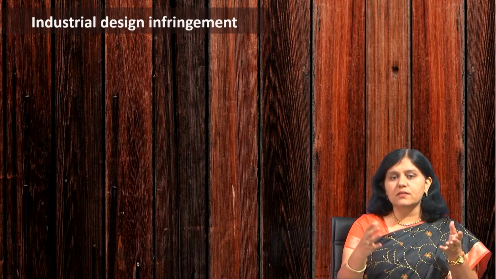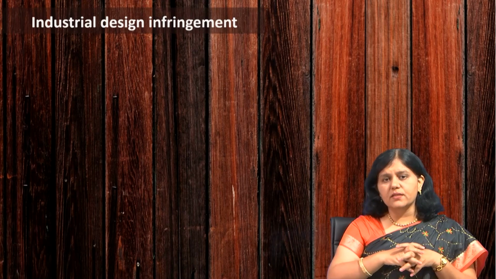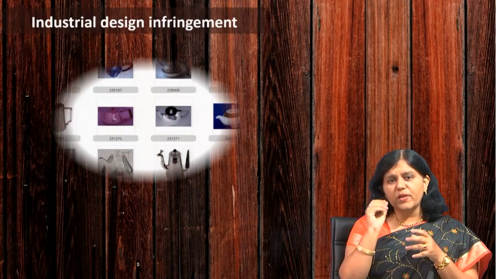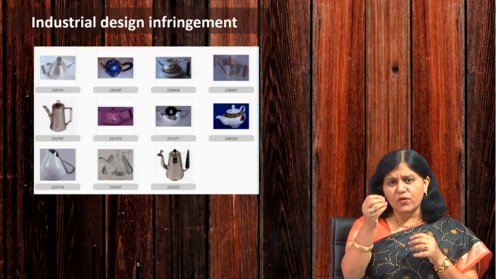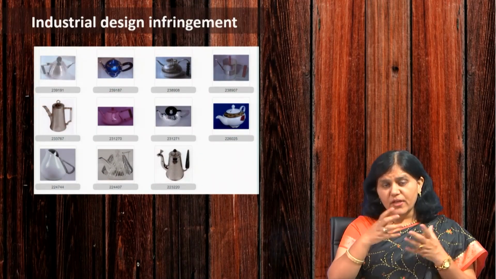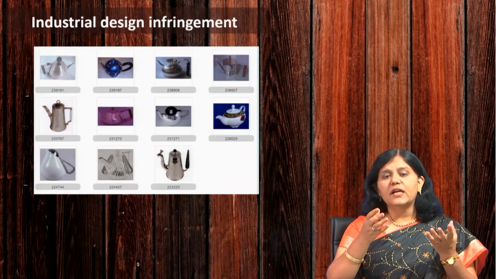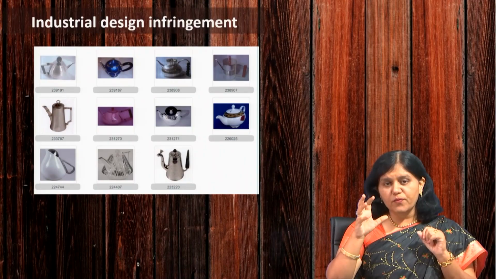When you do a public search on the website, you can see a few pictures. This is an example of a teapot. You can see the various kinds of designs that exist for a teapot.